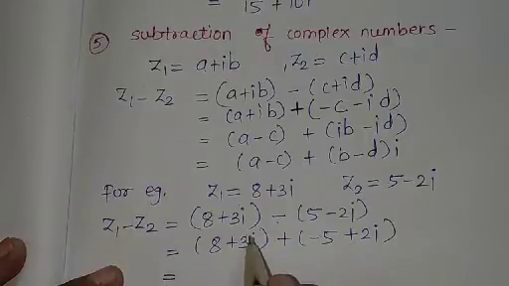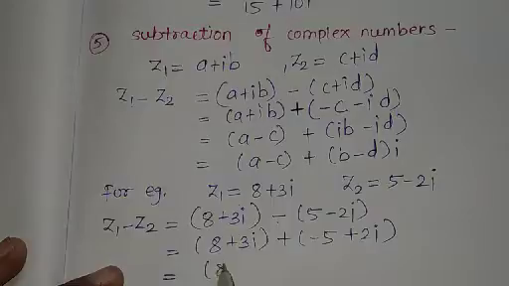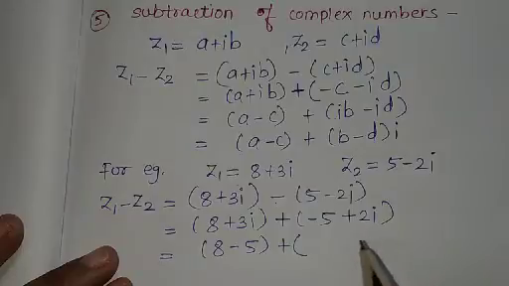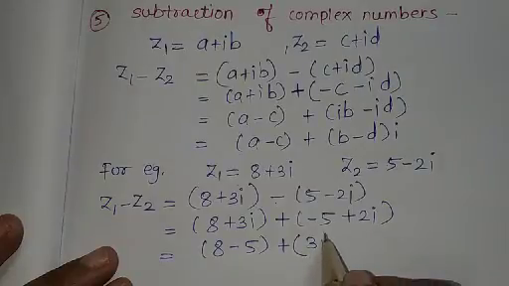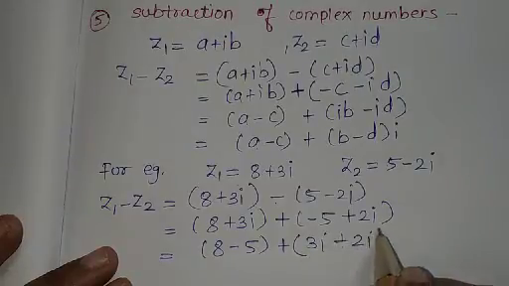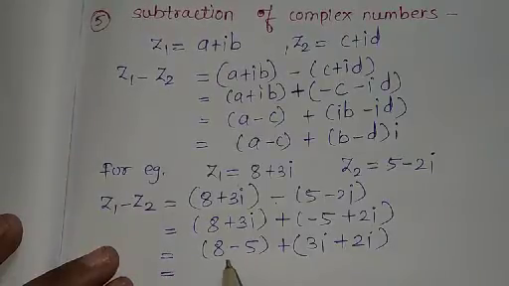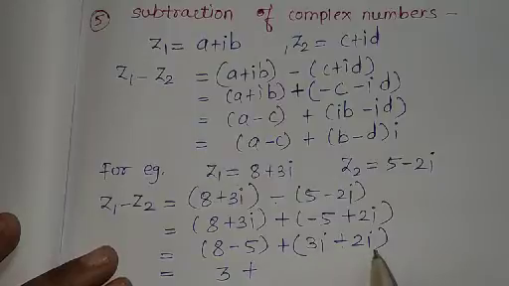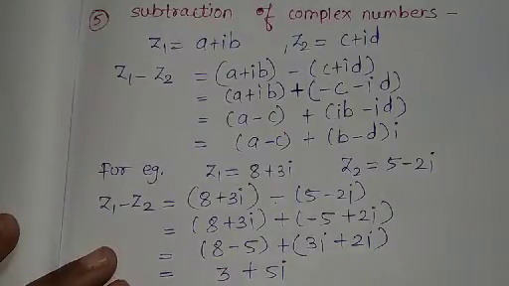So therefore the subtraction of real parts is 8 minus 5, plus the imaginary part, 3i plus 2i, which is equal to 8 minus 5, 3, plus 3i plus 2i is equal to 5i.